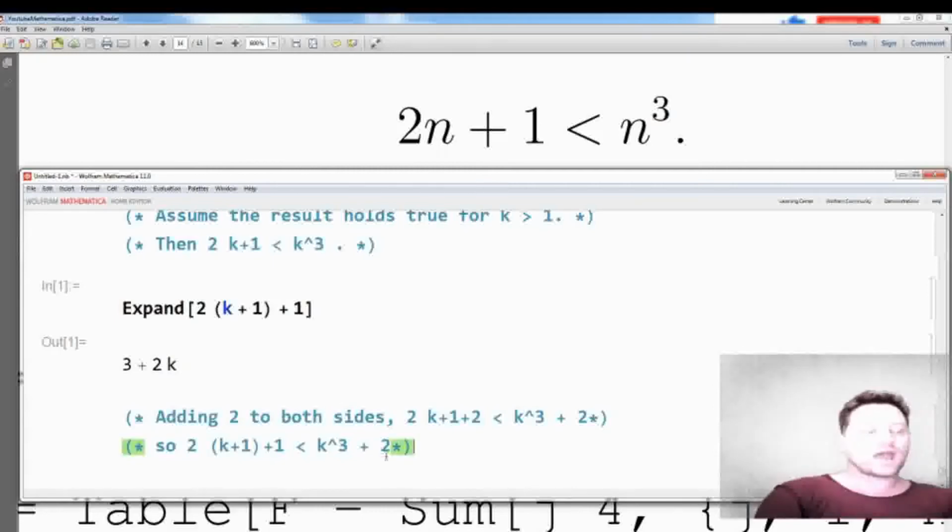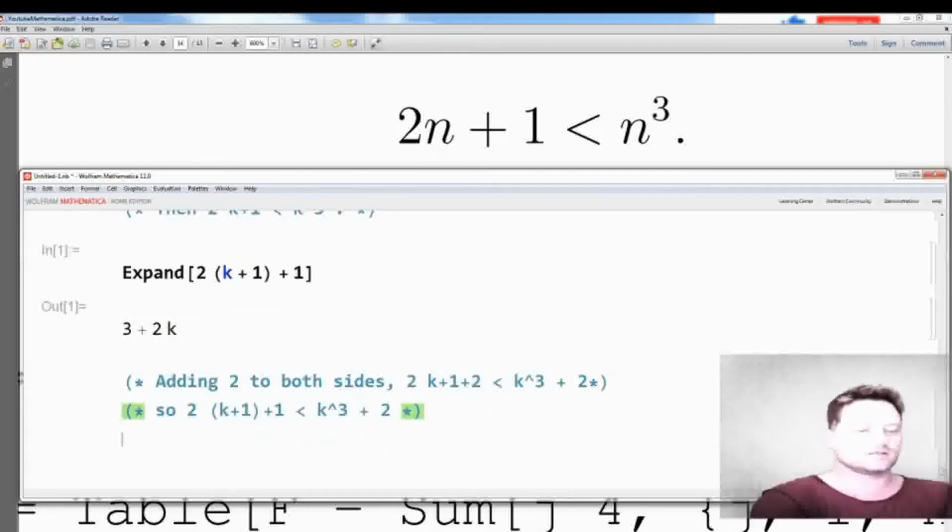Now what we actually want on the right-hand side is the cube of k plus 1. So now what we need to show is that k plus 1 all cubed is greater than k cubed plus 2.